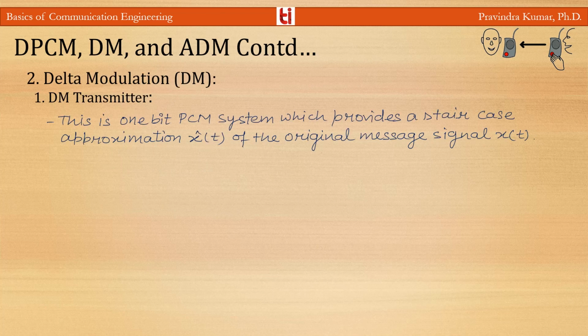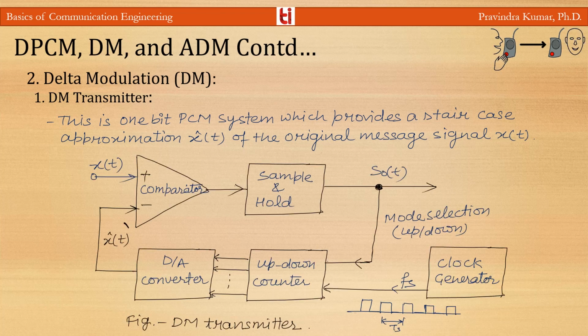Now we will discuss delta modulation. This is a 1-bit PCM system which provides a staircase approximation x cap(t) of the original message signal x(t), and this is the block diagram of the delta modulation transmitter. Here x(t) is the analog input signal and x cap(t) is the quantized version of x(t).